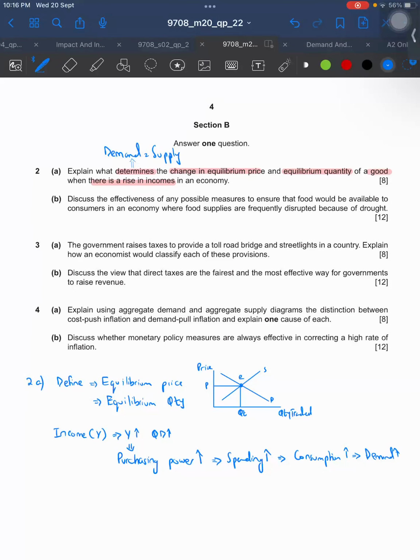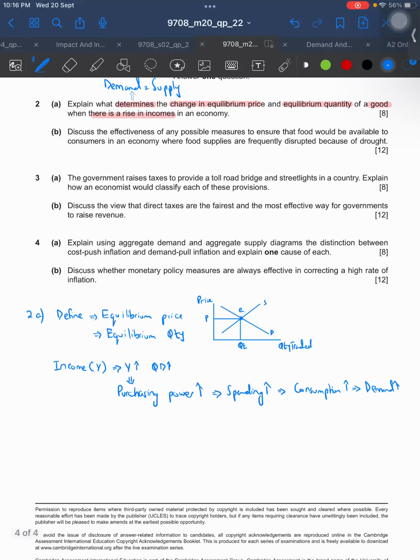Okay, now let's draw another diagram and let's have a look at the changes in equilibrium price and equilibrium quantity. I'll draw the two axes right below the income.